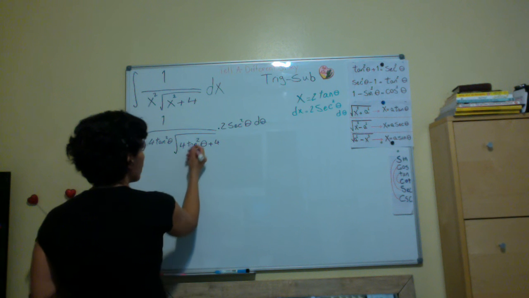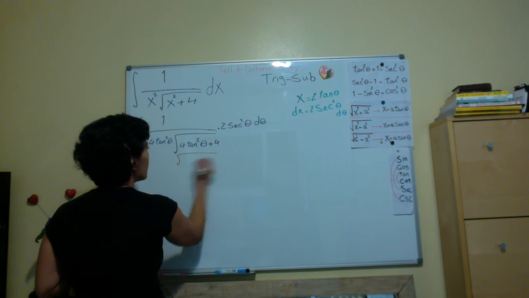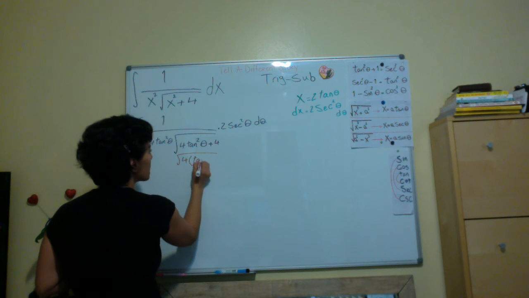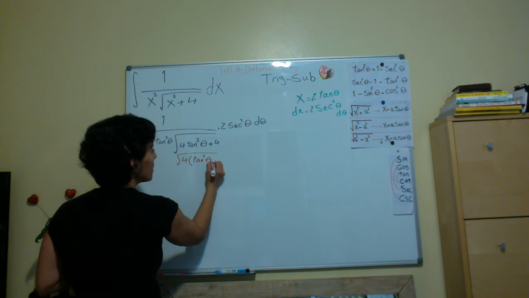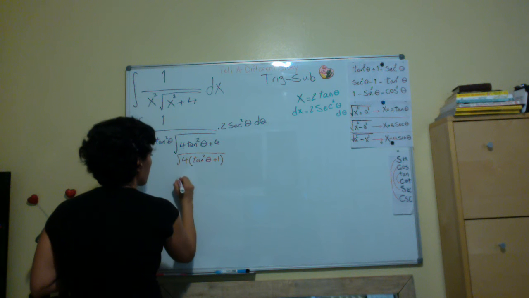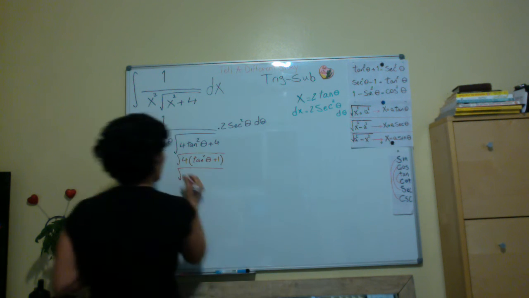So if you're following so far, let's simplify this guy out. We have 4 tan theta. I think you can easily see that if I factor out a 4, I am left with tan squared theta plus 1, because if you multiply that back in, you get exactly what you started with. And I think you can now see that that is nothing but what I was looking for.